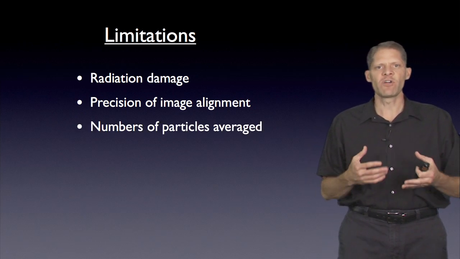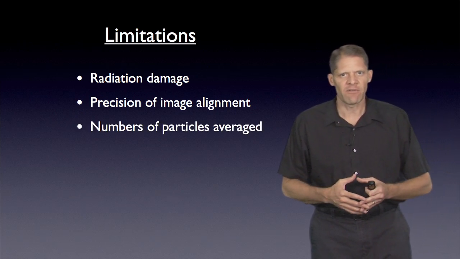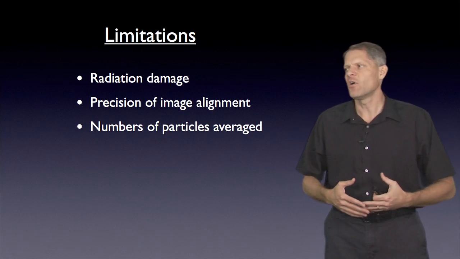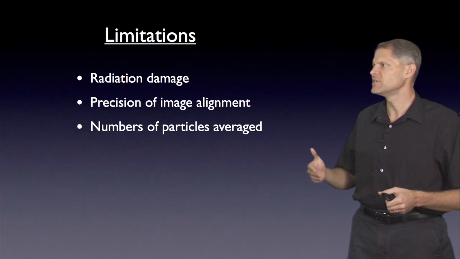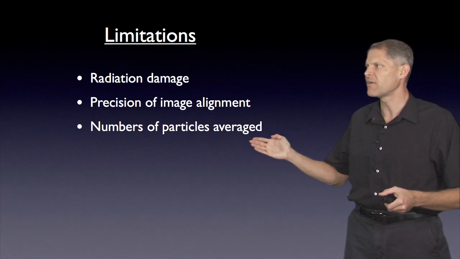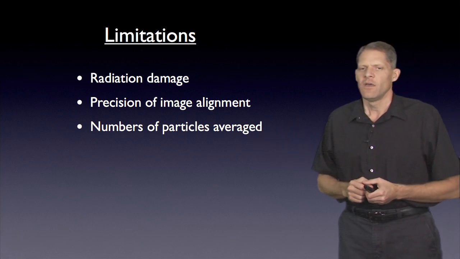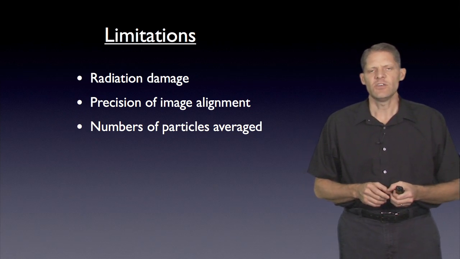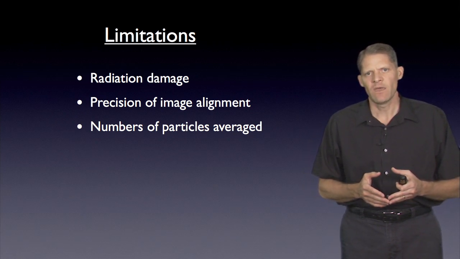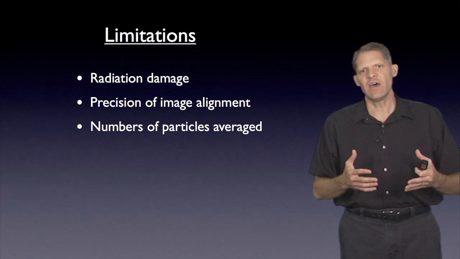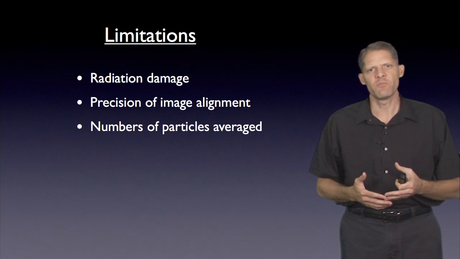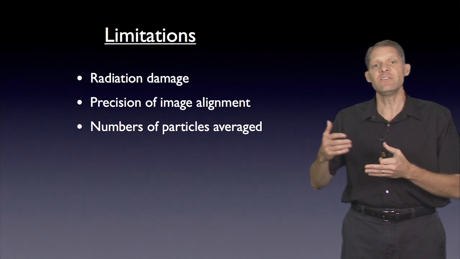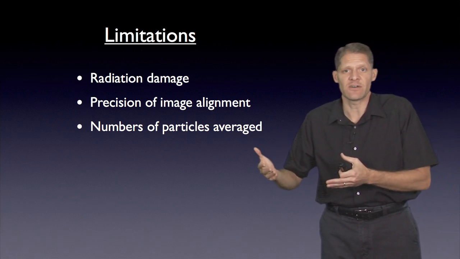Next, one way to overcome that blurring is to average larger numbers of particles. And so another limitation in cryo-EM is how many particles can be averaged together. Early single particle reconstructions used thousands of particles. And then as the field developed and it became easier to record more and more images, reconstructions started emerging with tens of thousands, even hundreds of thousands of particles.